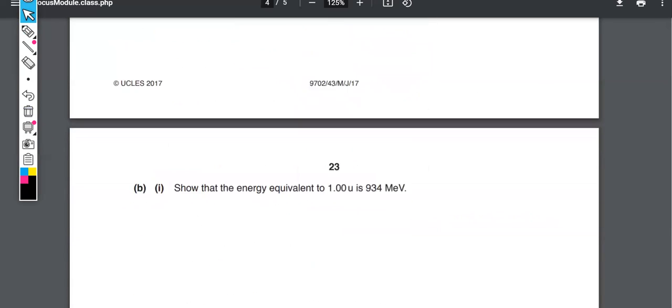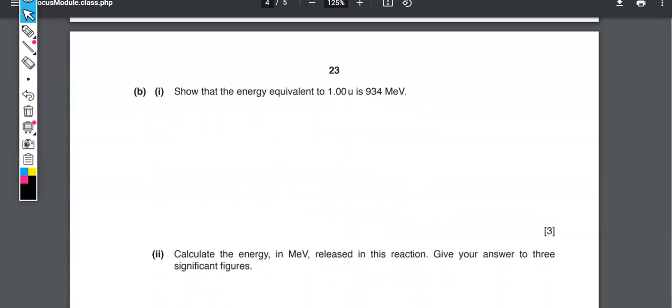So the next thing they ask us to do here is to show that the energy equivalent of one unified atomic mass unit is 934 mega electron volts. All right, so we should be able to do that, right? One unified atomic mass unit is 1.66 by 10 to the -27 kilograms.